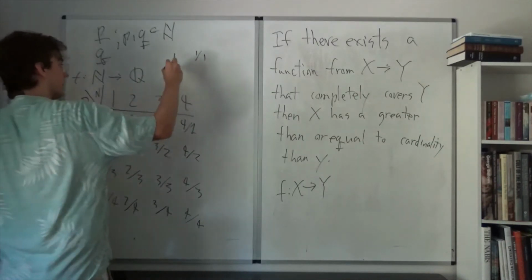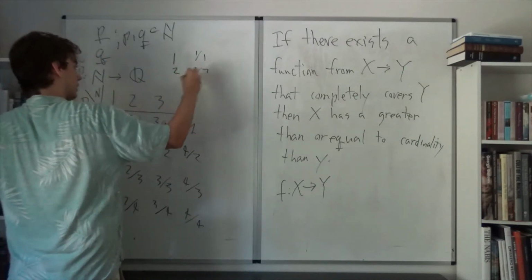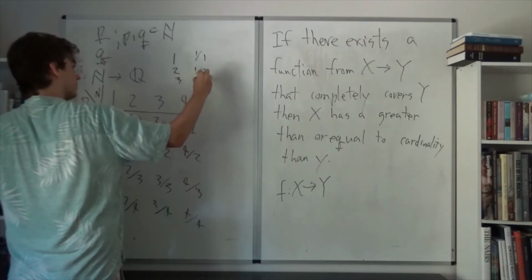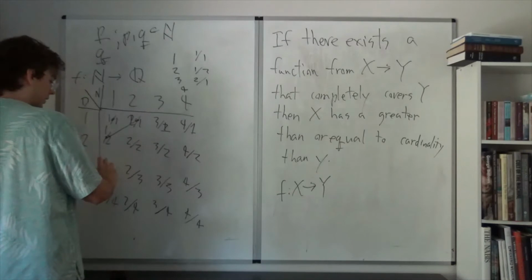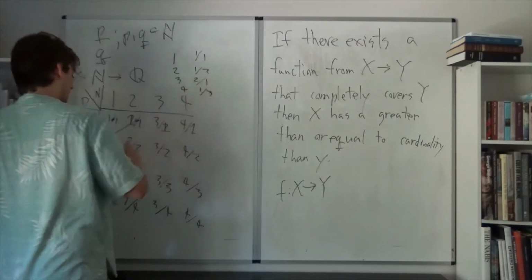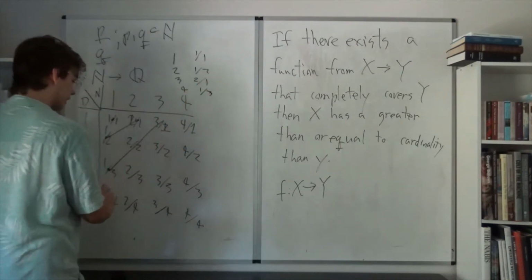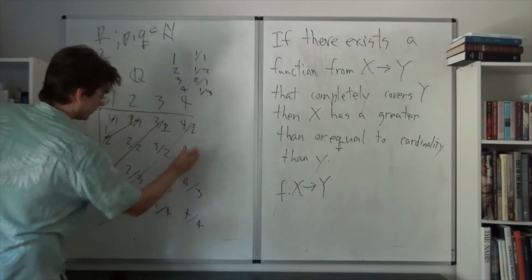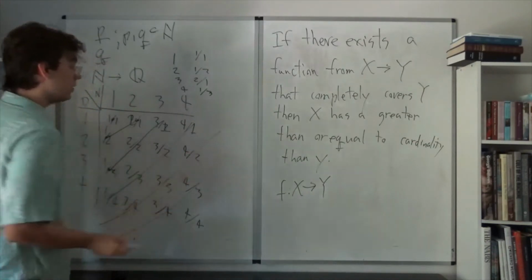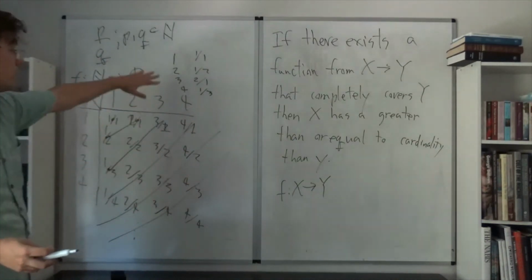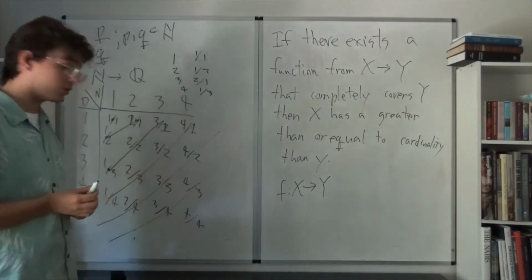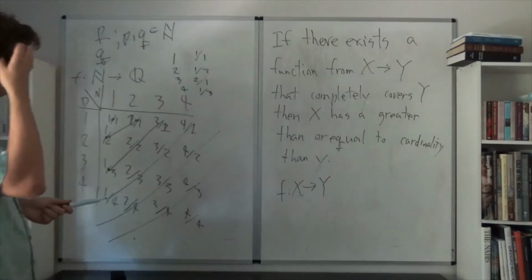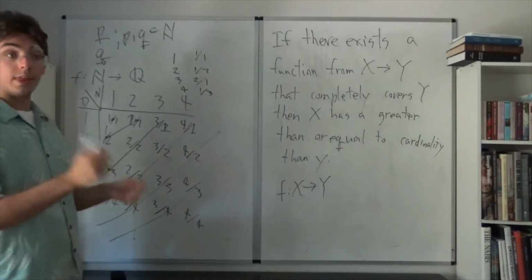So 2 goes to 1/2, 3 goes to 2 over 1, 4 goes down here to 1/3, and then it goes diagonally like that, and we keep going like this. You can see that eventually this list will cover any particular rational number you want, all of them, without exception.